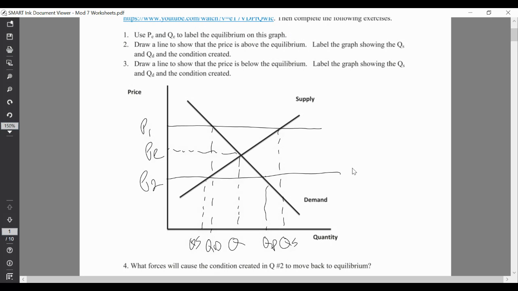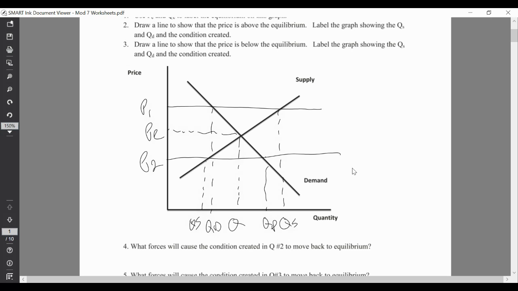Now, I could have tried to make it so that they're both in the exact same spot, but they're not. And you can see up here, this right here is the surplus, and down here you get a shortage. And why do you get that?